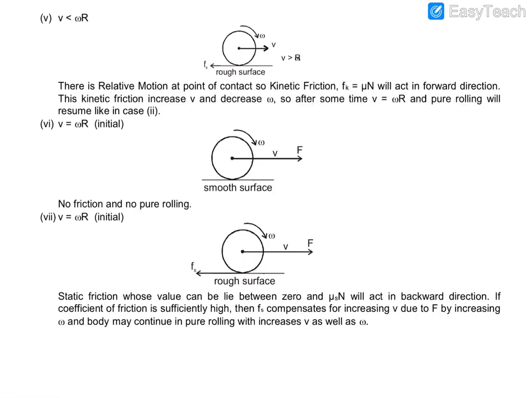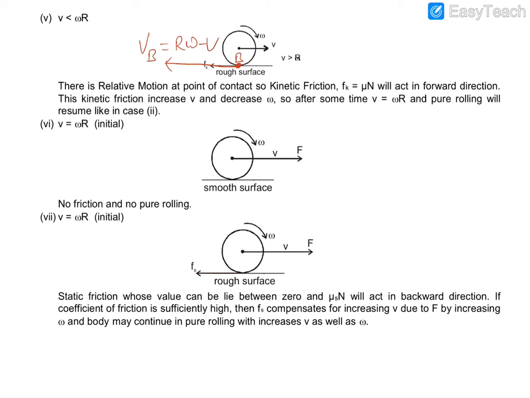Now if v is less than r omega and this is a rough surface, then this body has a tendency of reverse slipping because the velocity of point B is in the reverse direction. Vb is equal to r omega minus v.